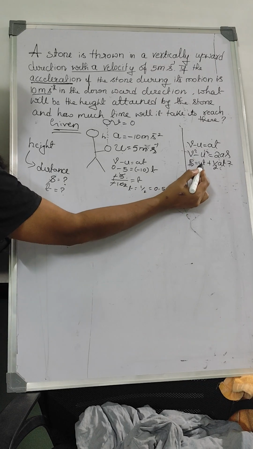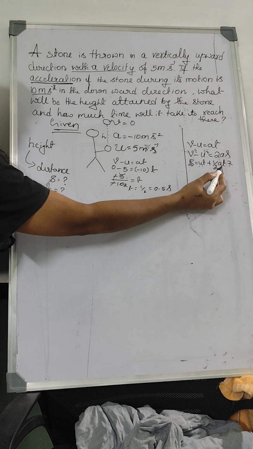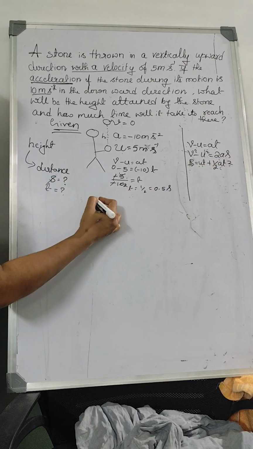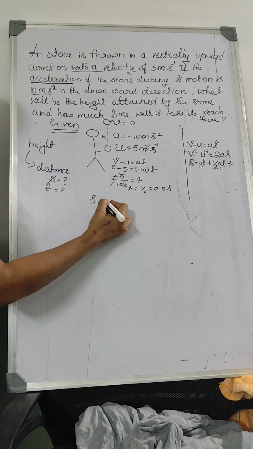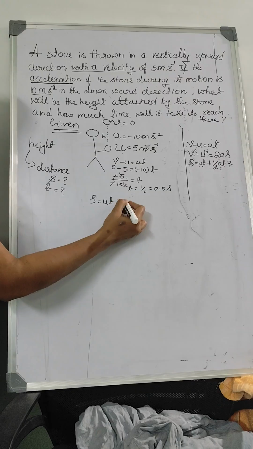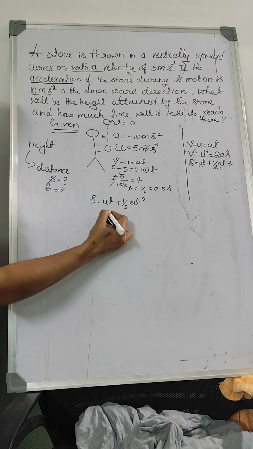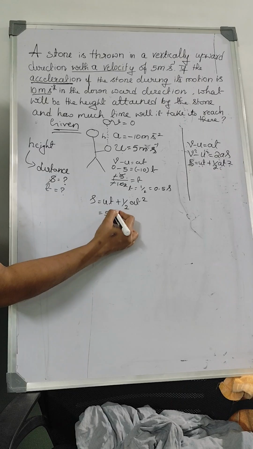Now we got the t value. We know the u value already, the a value, and the t value. So we know all these variable values. Let us substitute them in the equation s equals ut plus half at square. In place of u, I can write 5. In place of t, either you can write 1 by 2 or 0.5.